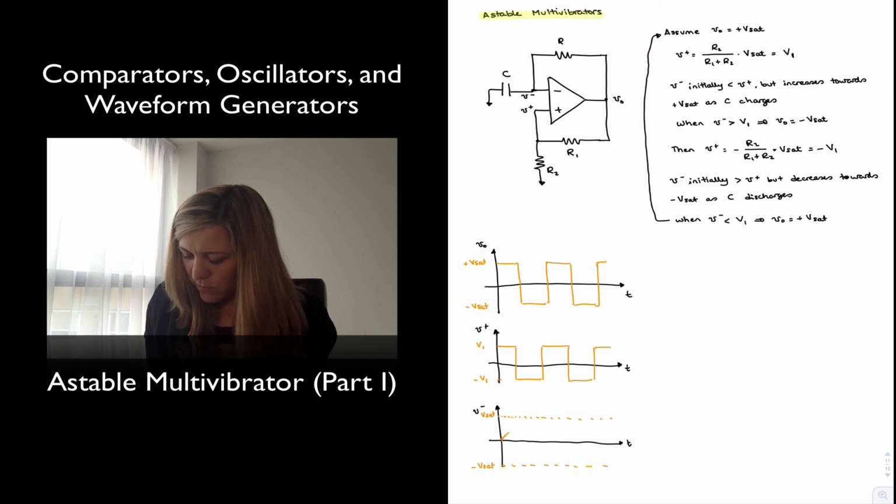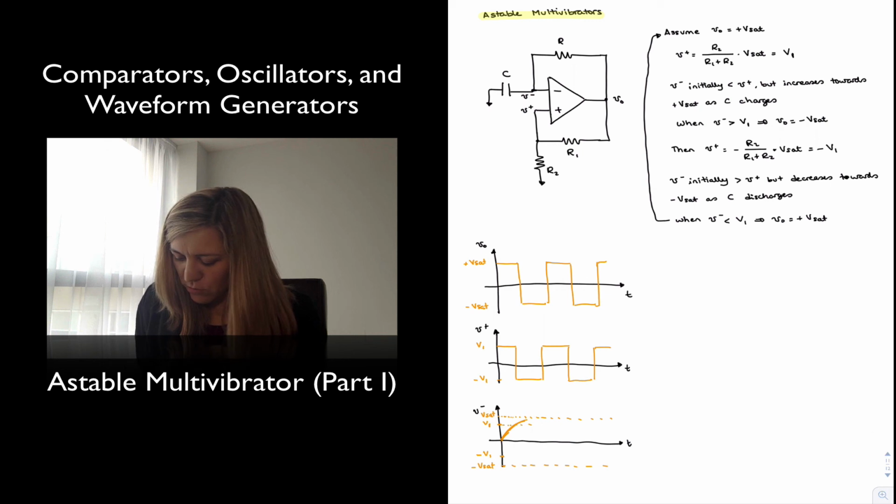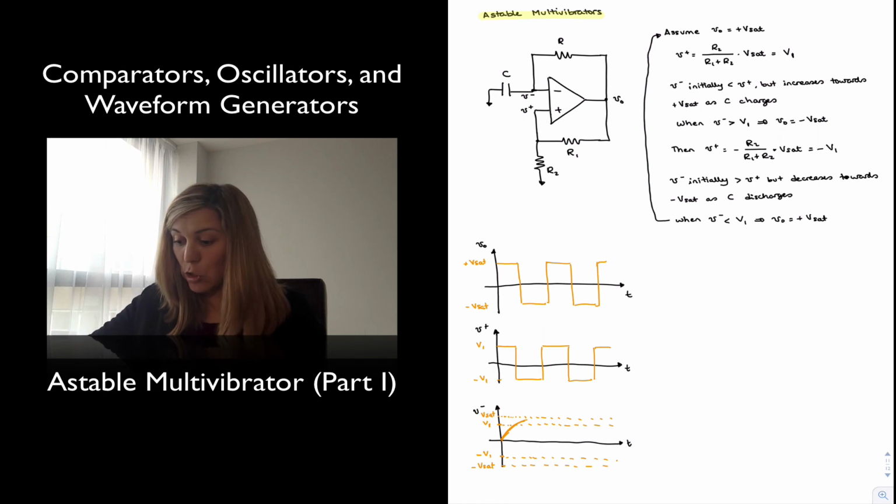So we will try to go towards Vsat, except once it reaches V1 or negative V1, it's going to have to turn in the opposite direction, because that is the moment when the transition occurs.